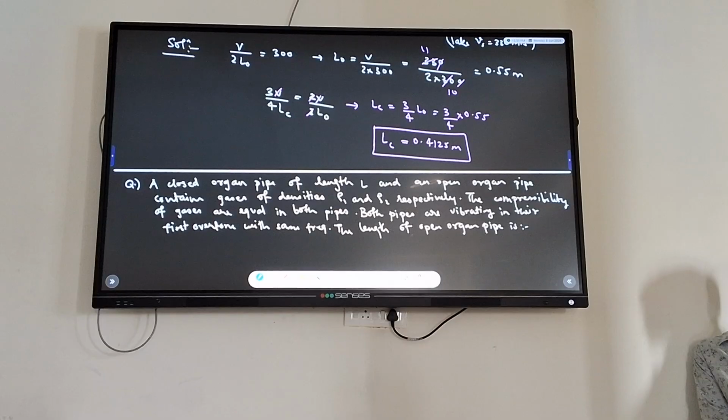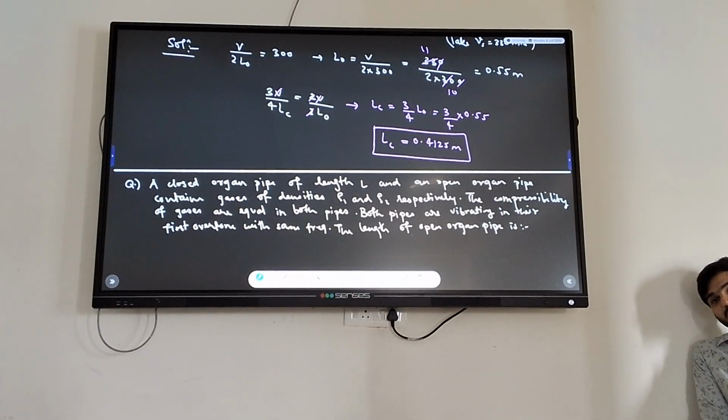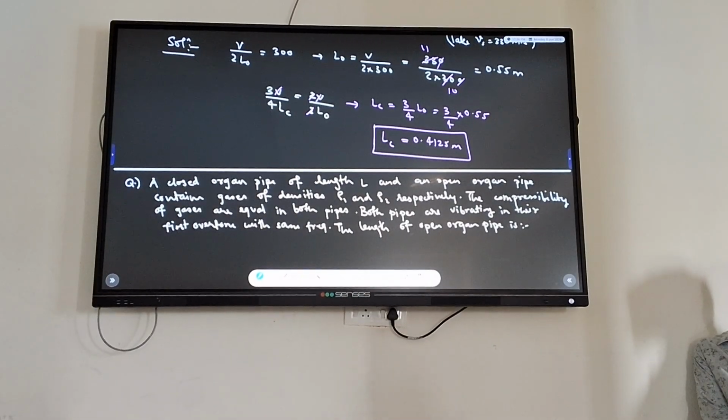If bulk modulus is minus V dP by dV, then compressibility is minus 1 by V dV by dP. According to a change in pressure, how much will there be a change in volume? How much can you compress, how much can you not? That is basically compressibility. Anyways, do the question.